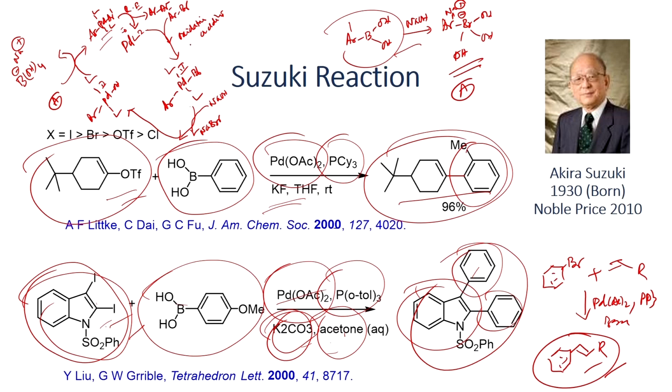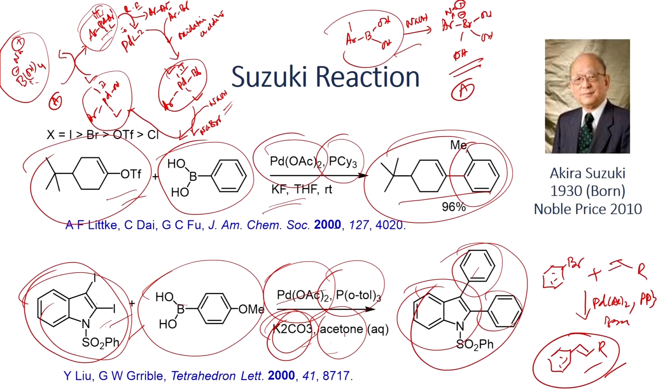Once you form this one, it can undergo oxidative addition, and then reaction as shown here. When you react with this, you can form this intermediate. Once you have this one, this can react with this salt. So you can form this palladium 2 intermediate, which can give the product by reductive elimination. This formation of this ate complex is very crucial in this reaction.